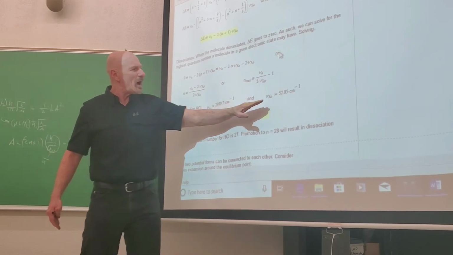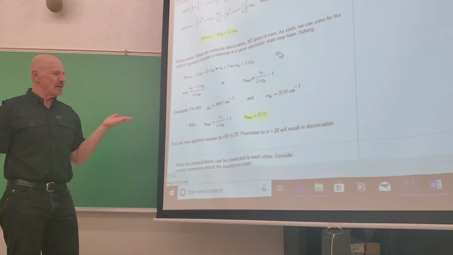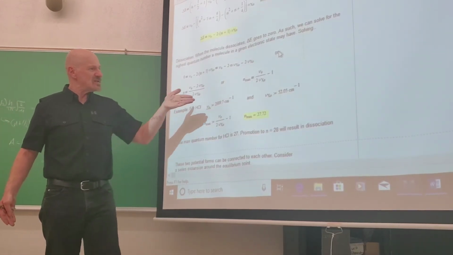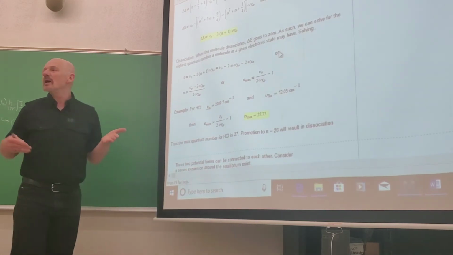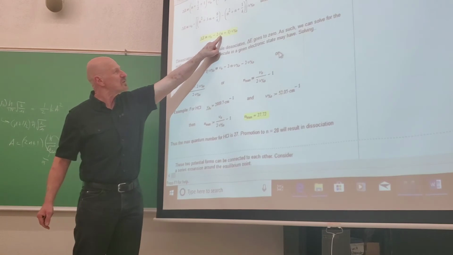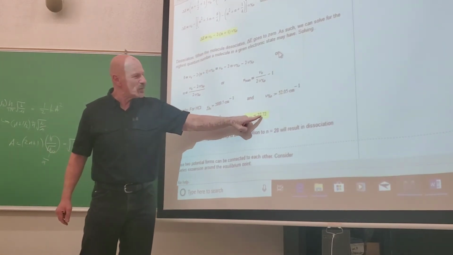I multiply by the speed of light to get the frequency. The anharmonicity constant for HCl is 52.05. Again, we will find that spectroscopically. But if I solve this for the quantum number, it gives me a maximum of about 27.72.